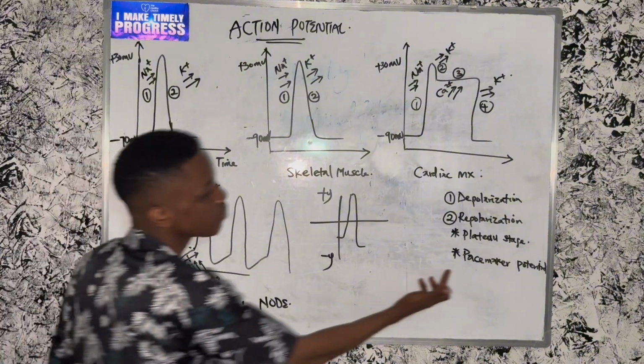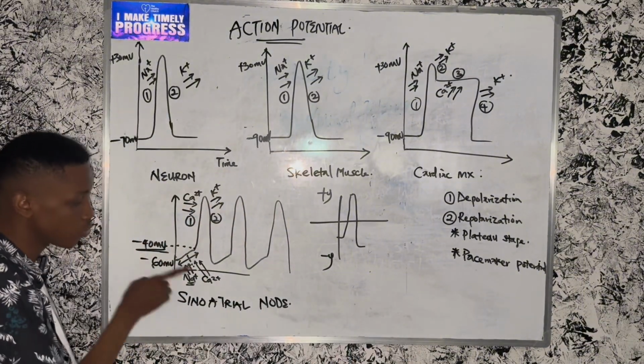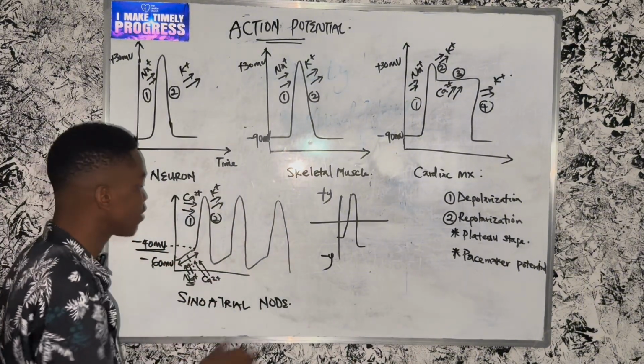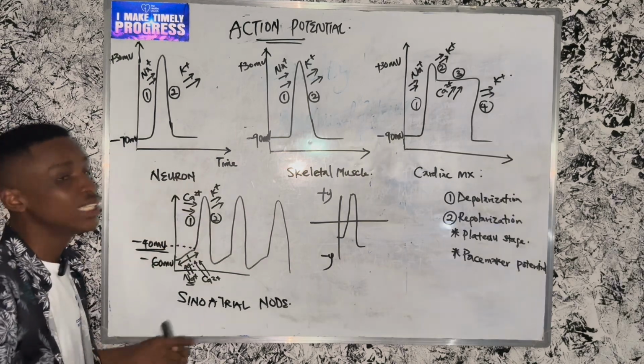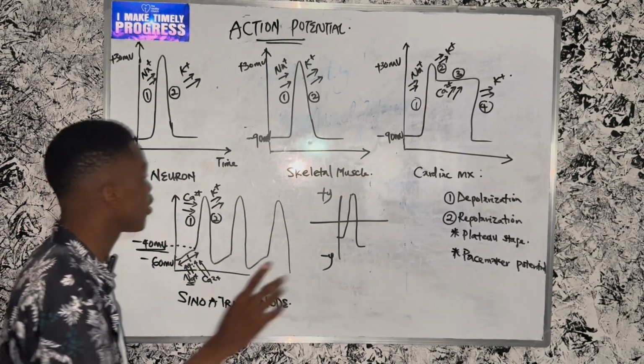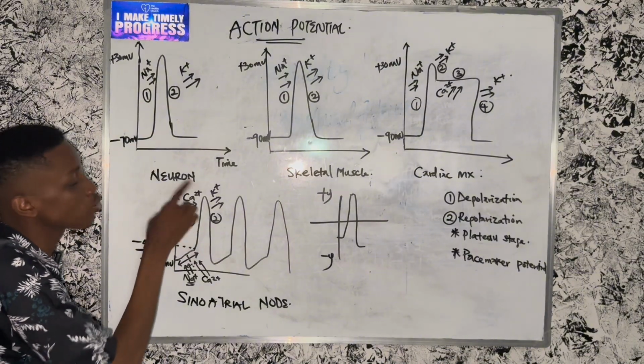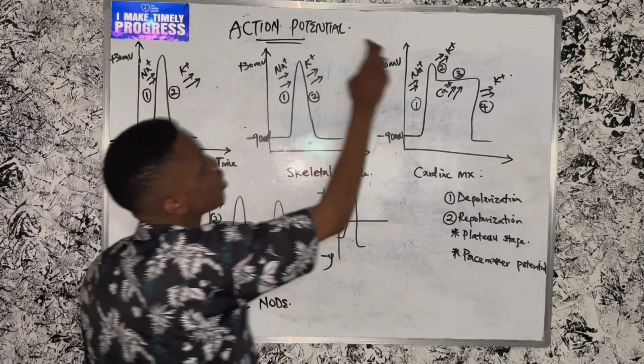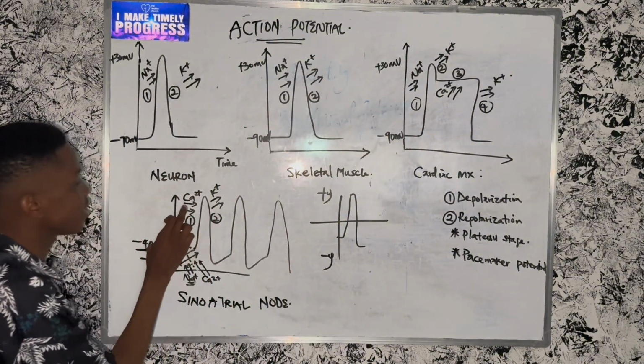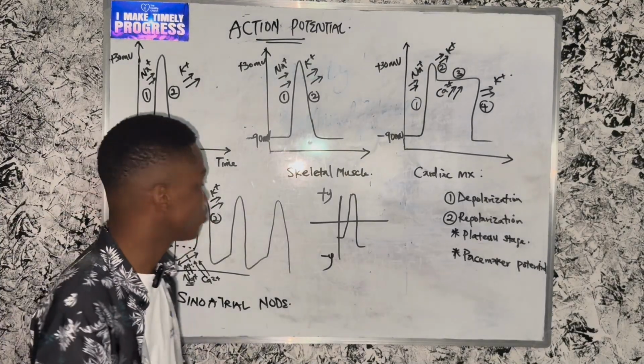This period is called pacemaker potential, which allows sodium to come in and calcium to come in. After which we have our depolarization. This is the only time depolarization is due to opening of calcium channels. All along, depolarization was always sodium, but over here, it is due to calcium entry.